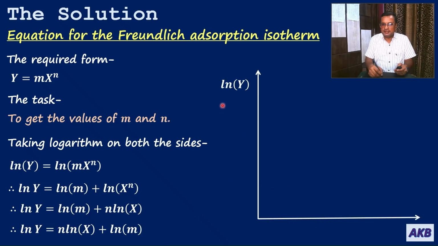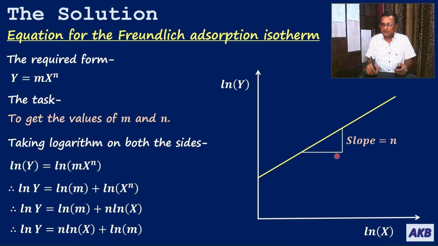On the y-axis, we can plot ln of y, and on the x-axis, we can plot ln of x. So you will be getting a straight line, and the slope of this straight line will give us n that we need, and the intercept made by the line on the y-axis will give us ln of m, and then from the value of ln of m you can get m.